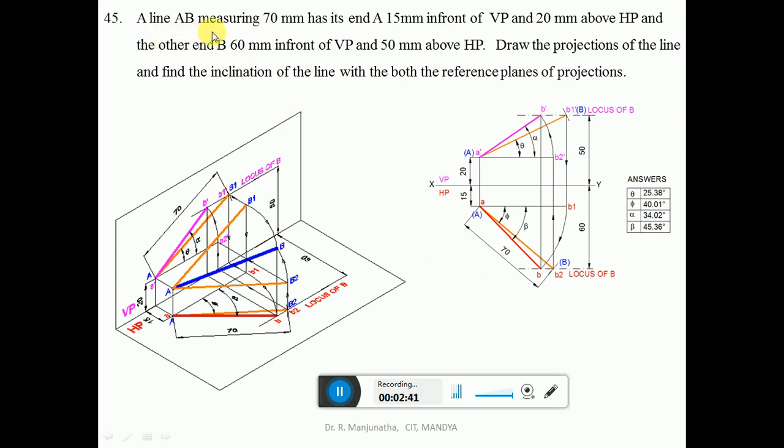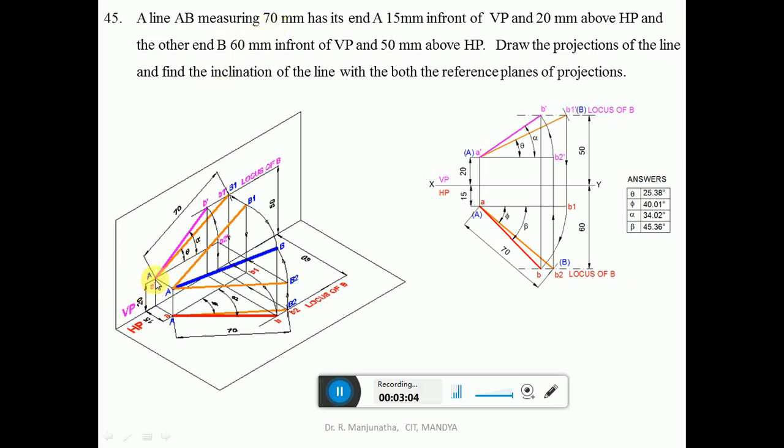But the line AB measuring 70 mm, since it is AB, should be the true length. But this true length, the 70 mm, doesn't have any inclination. We know that the end point of the true length will always cut the locus.